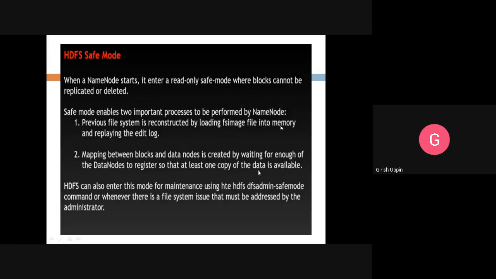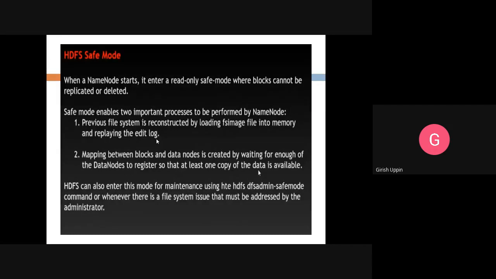Once it loads that into memory, the second task is replaying the edit log. Whatever changes happened will be logged into that edit file, and that will be applied on top of this fs image. So after loading the fs image into memory as well as replaying the edit log, the state before the name node stopped is reconstructed.